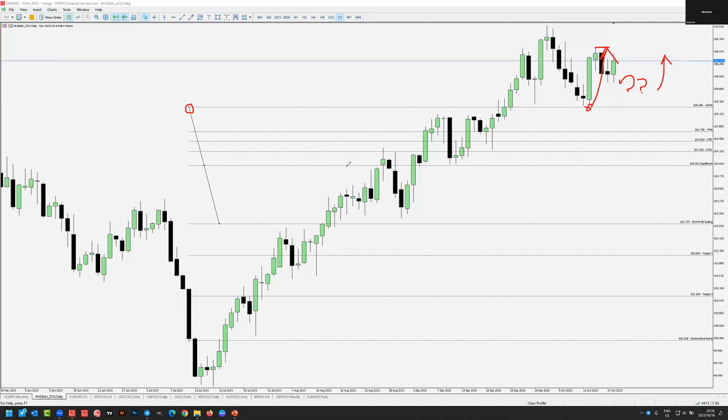When market is bearish, it's the opposite. You draw your fibs from high to low for you to find retracement levels for market to continue going to the downside. I'm going to give you examples of both scenarios.